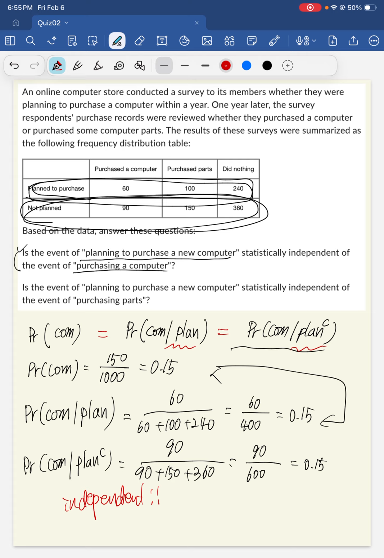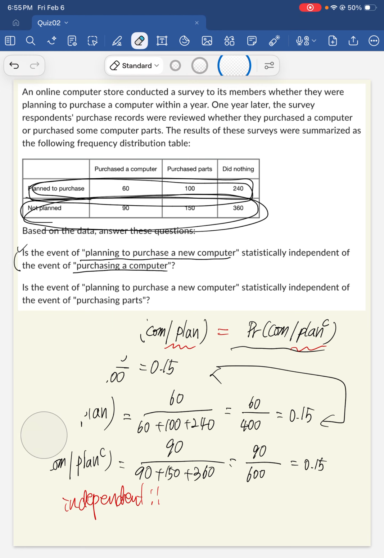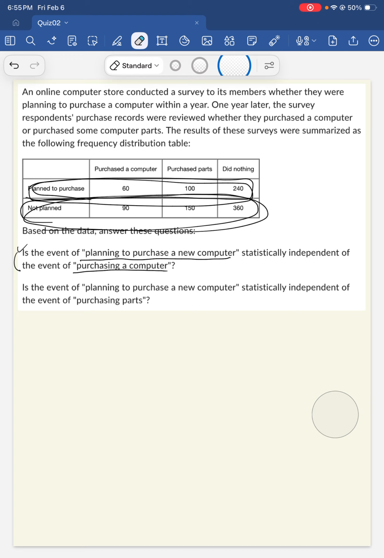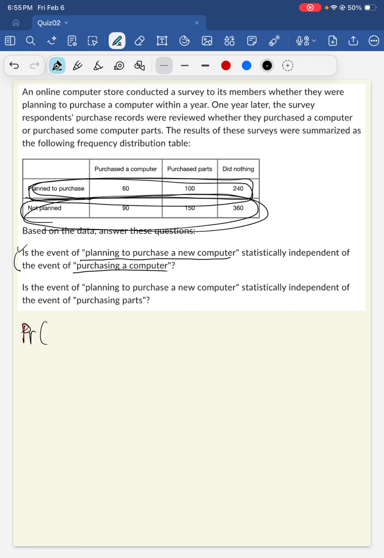Okay? So either way, I showed you the same result using two different methods. So it does not matter which you use. I'm just showing you different methods. Finally, you may change the roles of the two events.